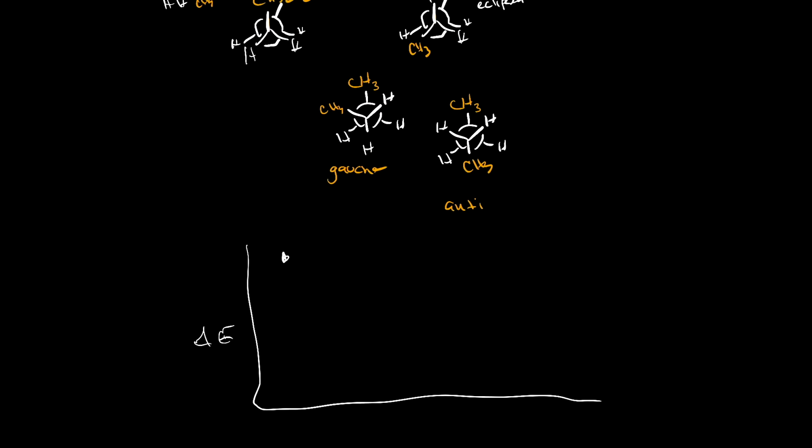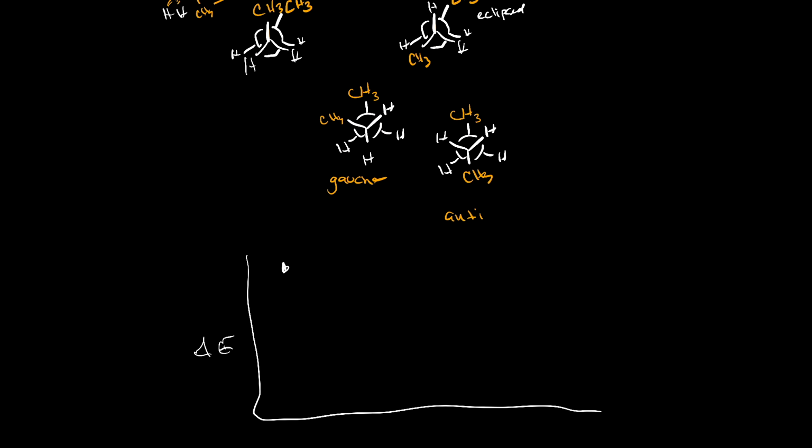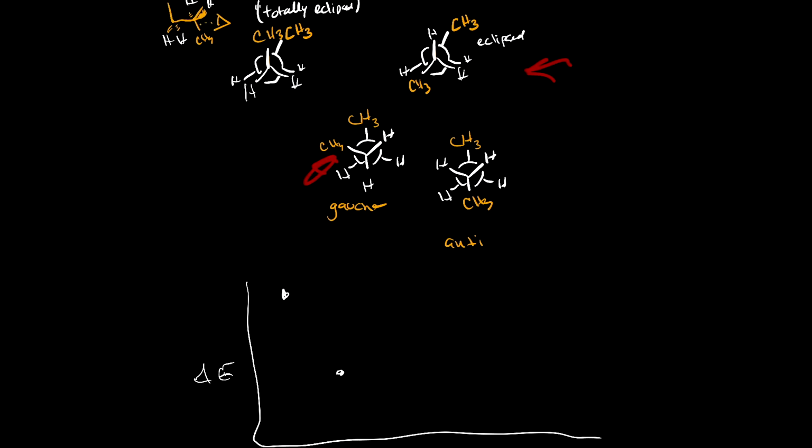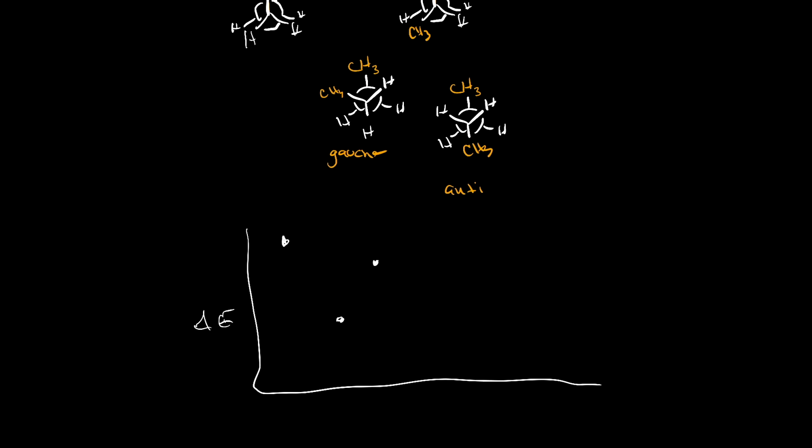And then it goes through this first gauche configuration, right? And so that would be this one. And then it goes to the next eclipsed configuration, which is not as high energy as the initial totally eclipsed, but still higher in energy than the gauche. And it goes all the way down to this anti-configuration, which is now the lowest in energy.